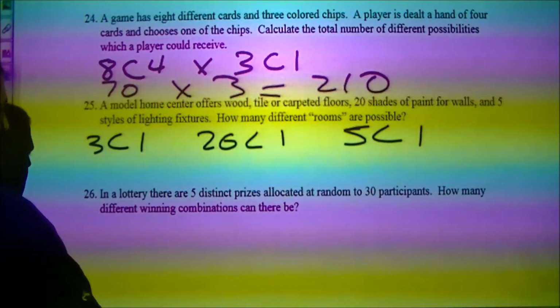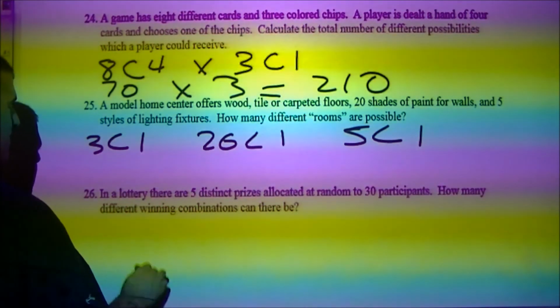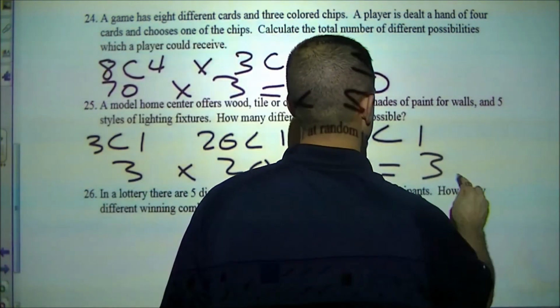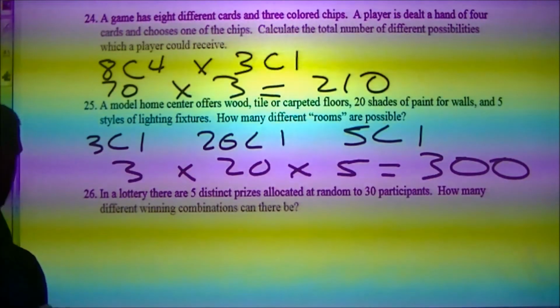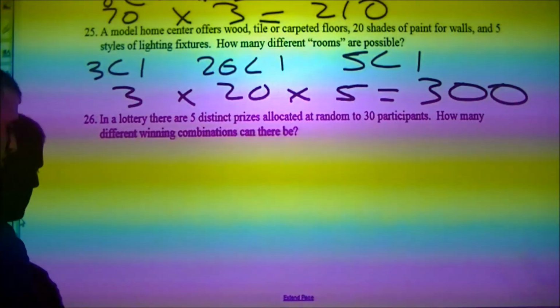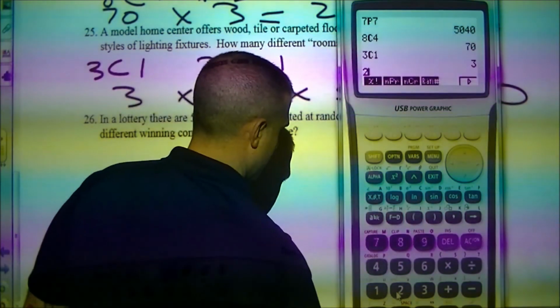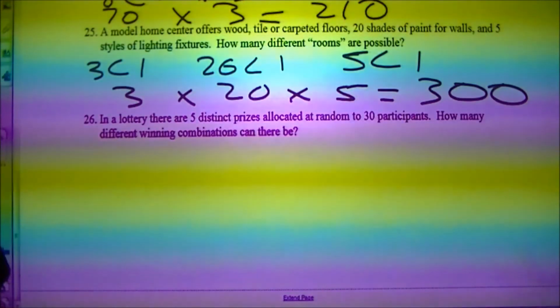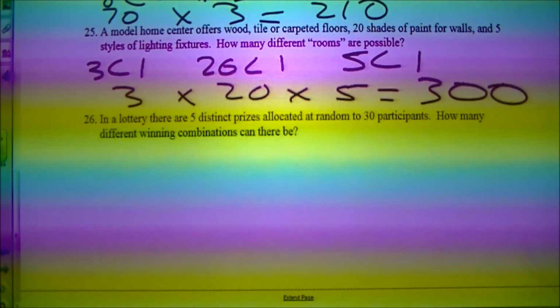I believe that's going to be 3 times 20 times 5, which is 300. I'll just double check that with 20 C1. All right, that's right.